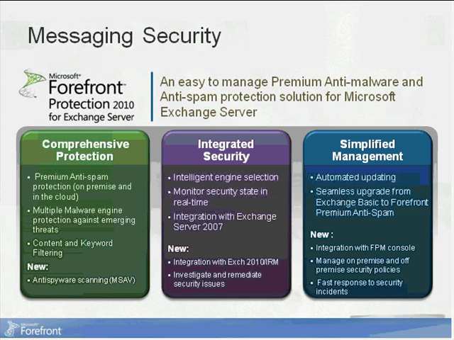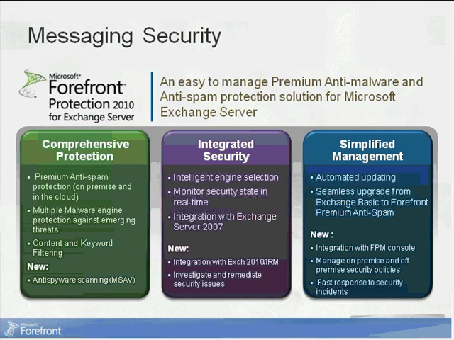First, Forefront Protection provides comprehensive protection with on-premise or in the cloud anti-spam protection, multiple anti-malware engines, and content filtering. Second, this is an integrated security solution for Exchange 2007 and Exchange 2010.